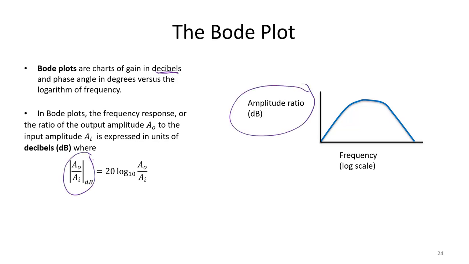We plot that versus the logarithm, or log, of our frequency. And typically you see that a Bode plot will sort of have this flat hill shape. And we see that the maximum of the Bode plot tells us the frequencies that pass through our filter best.